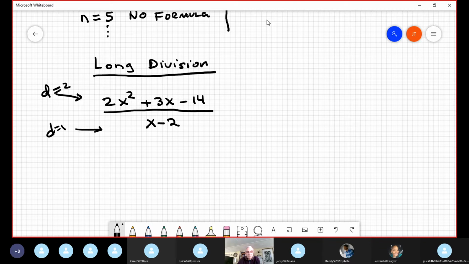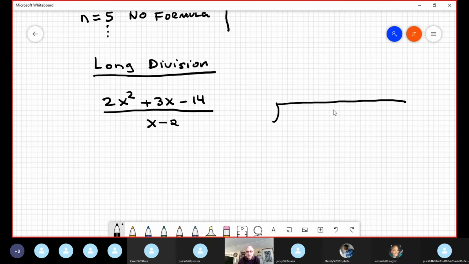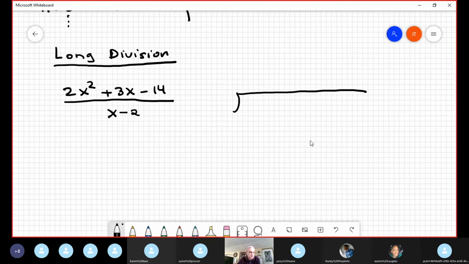Normally the divisor has degree 1, so it's only one binomial. So what is the organization of long division? Well, you represent it using the classical symbol that we use in arithmetic. You copy inside the box the dividend, the top part. Outside the box, you copy the divisor, the bottom part.